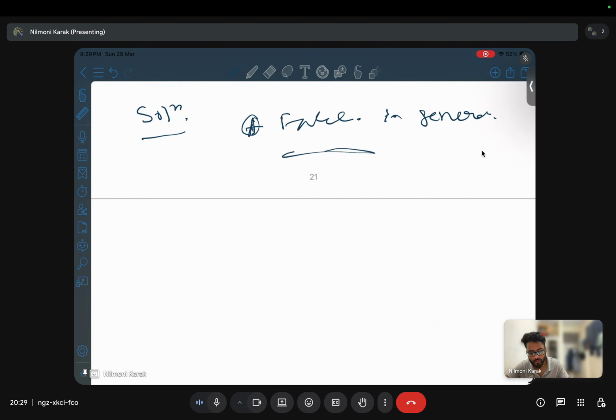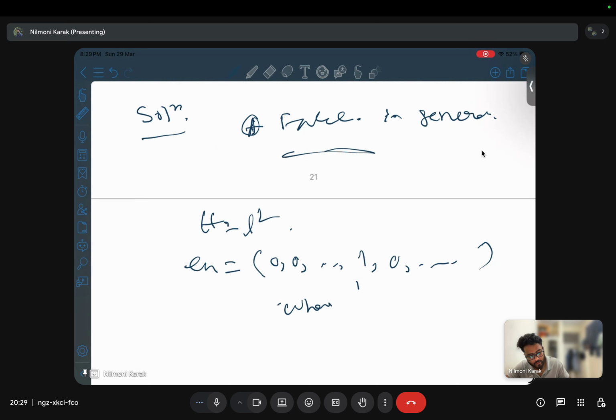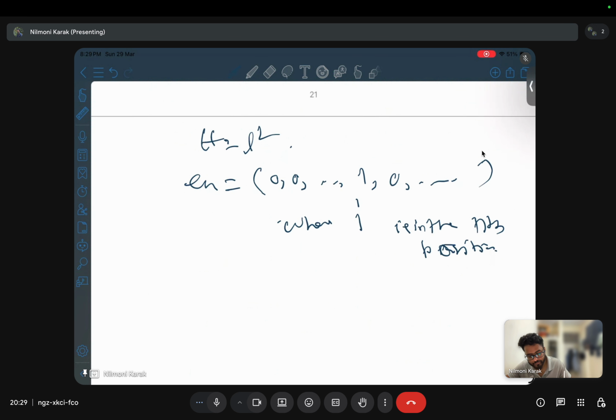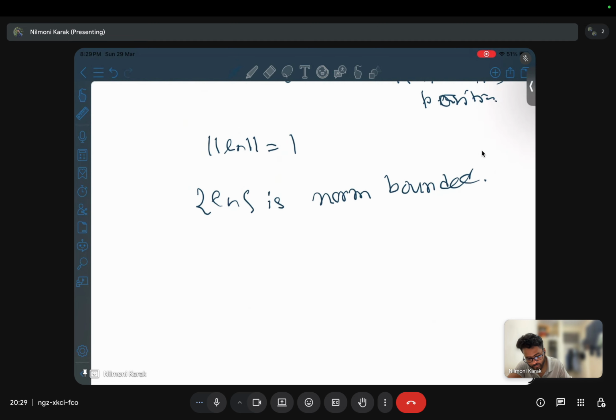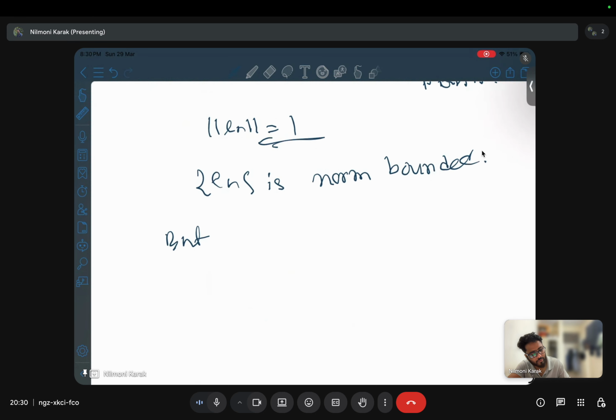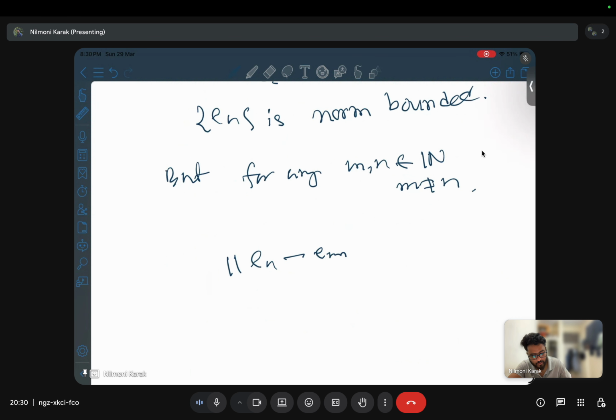It is true only in finite dimensional normed linear space. Take en equals 0, 0, ..., 1, 0, ..., where 1 is in the nth position. en is norm-bounded, but for any m, n in N with m not equal to n, the norm of en minus em is root 2.